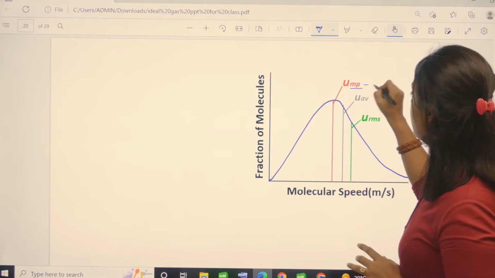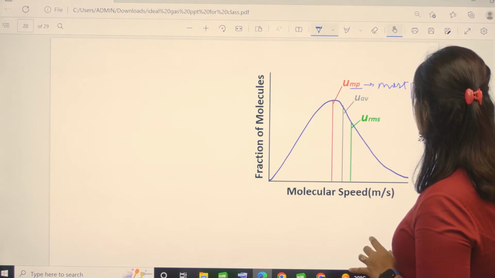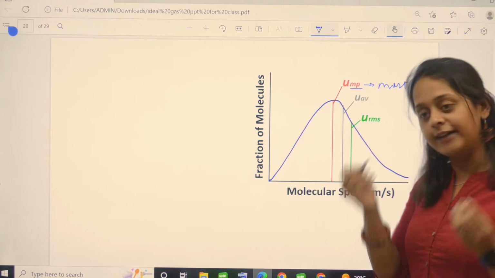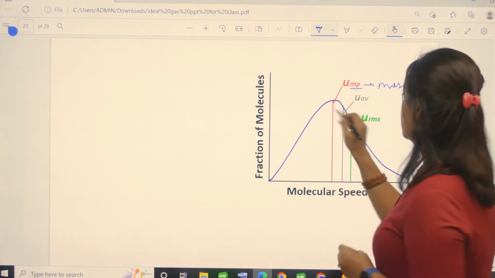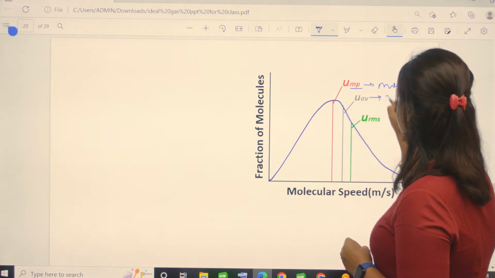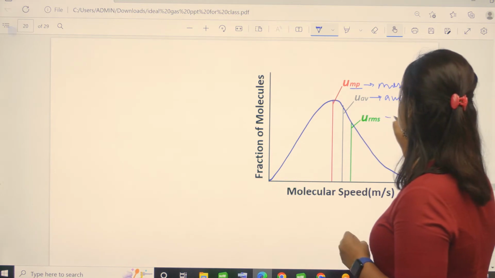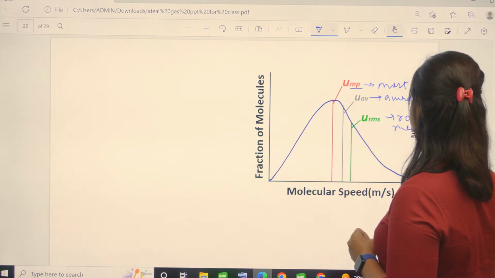MP means most probable. So that is the most probable speed of finding a molecule. So that is the maximum hump. Just close to that is the average speed. This is the average and this is the root mean square.